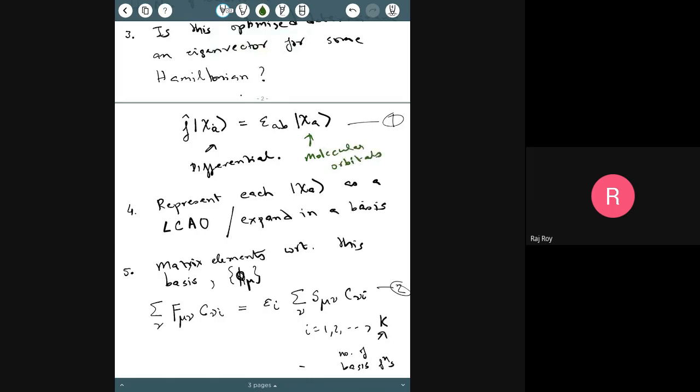Here, mu and nu are atomic orbital labels. So a projection of, let's say, chi B F chi A equals epsilon AB delta AB.